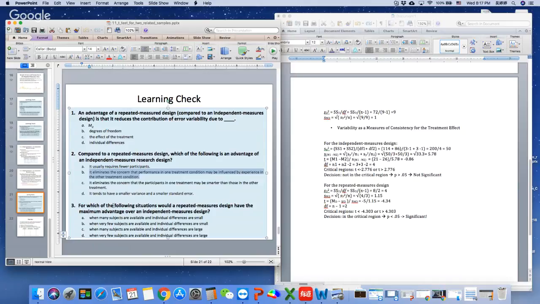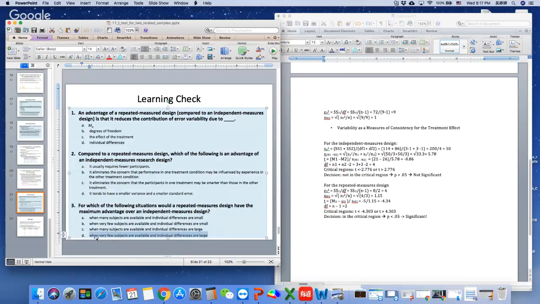Right, so this asks when we prefer a repeated measure design. So see here, the repeated measure design is more sensitive, right, to detect a treatment effect. So when the treatment effect is very small, and we have fewer subjects, and also the individual differences are big, we prefer the repeated measure design.